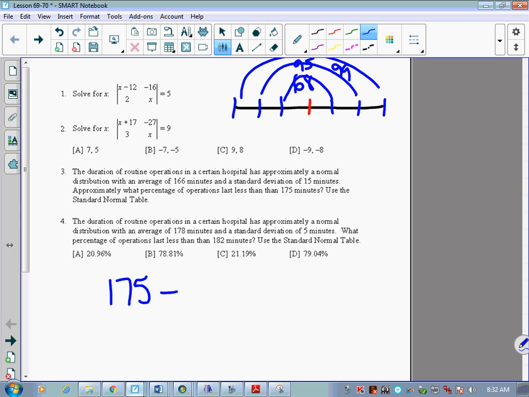We're looking at question number 3. 166. We're going to divide by the standard deviation, which is what? 15. Okay, so we're going to plug that in our calculators, and we should get a decimal value. 175 minus 166 divided by 15. 0.6, right? That 0.6 is important.